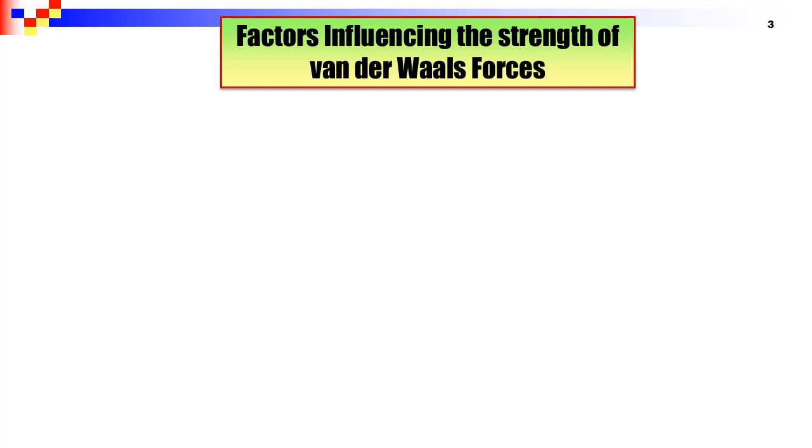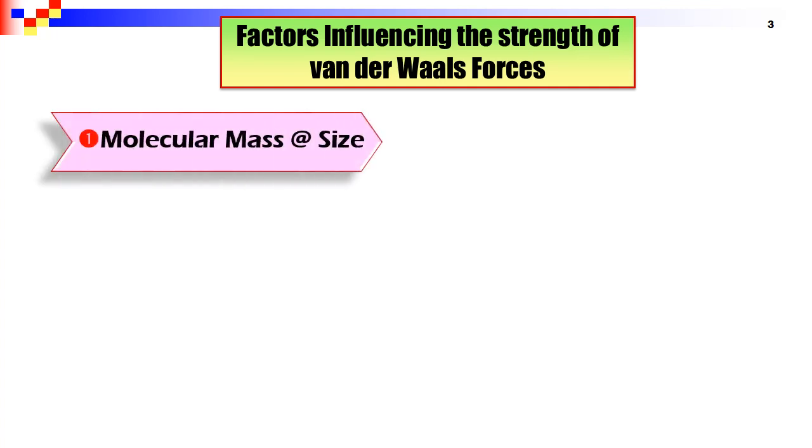There are three factors influencing the strength of van der Waals forces. First, molecular mass or molecular size. Mass and size are actually related. When a molecule has higher mass, the size is also larger.